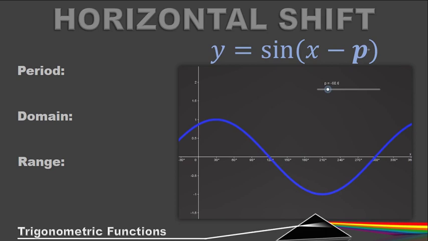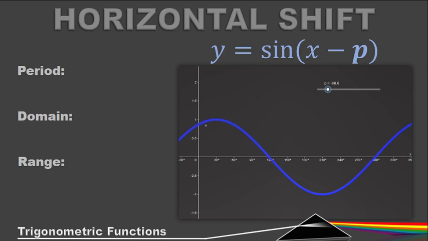And if we substitute in a negative value for p, it shifts it to the left. Substituting a negative value of p will make this a positive, because it's going to multiply with this negative. And then in actual fact, if we see sine of x plus p, or plus our value, it means the graph has shifted to the left.